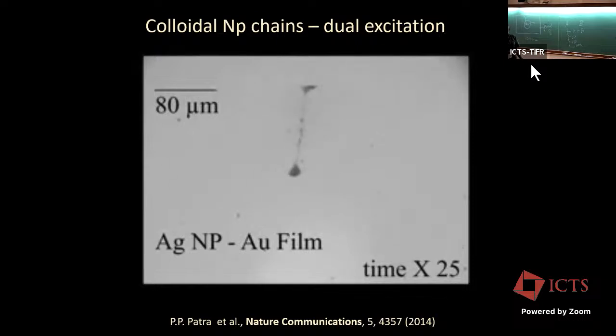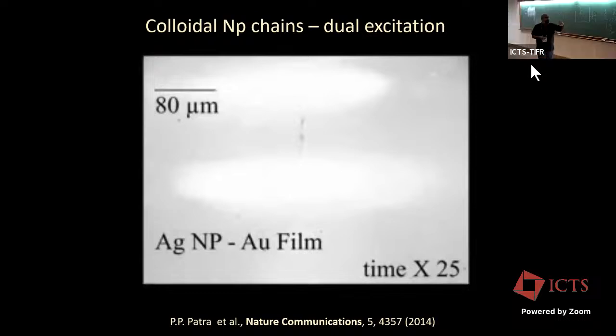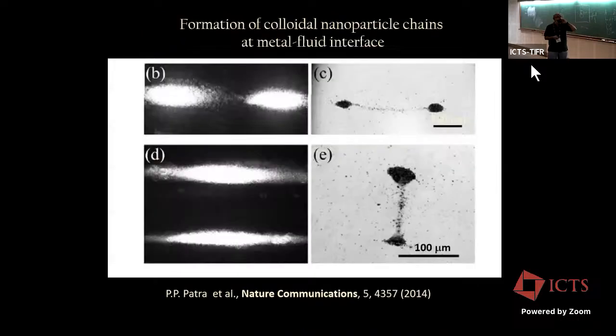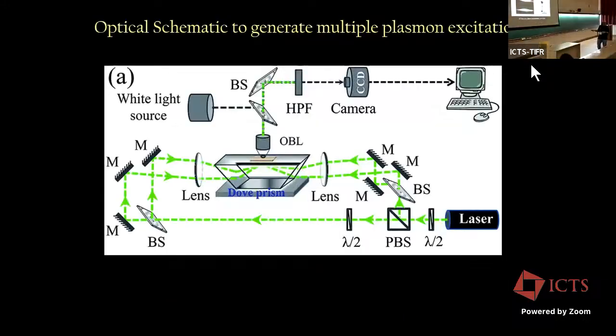You will also form chains, which are not in direct contact with the direct excitation beams, which means that you will now be able to draw things, and you can orient these lines. Mind you, this is all at a metal fluid interface. You switch off the field, these colloids go back into the fluid. So you can play around and go back and forth, etc.